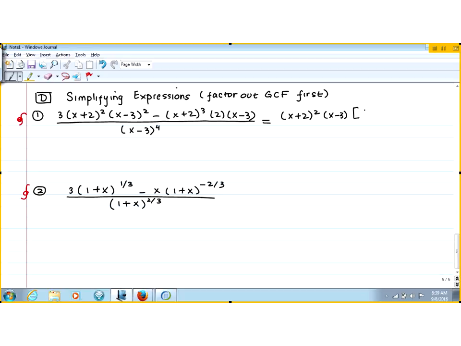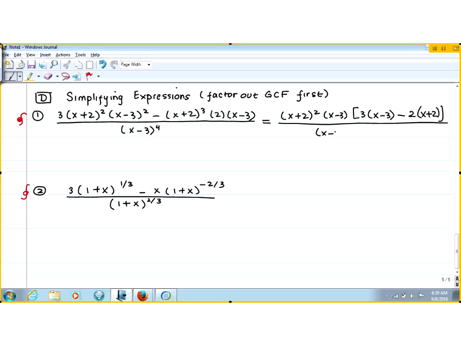All right, so now, that's my exponent. What am I left with? 3 times (x minus 3). Yes, you're right. Minus 2 times (x plus 2).